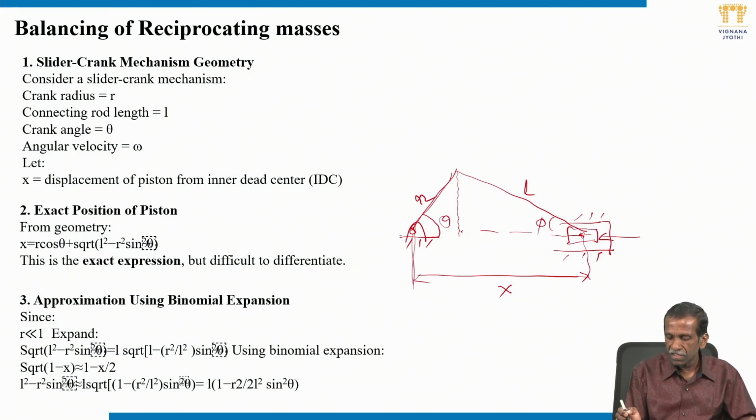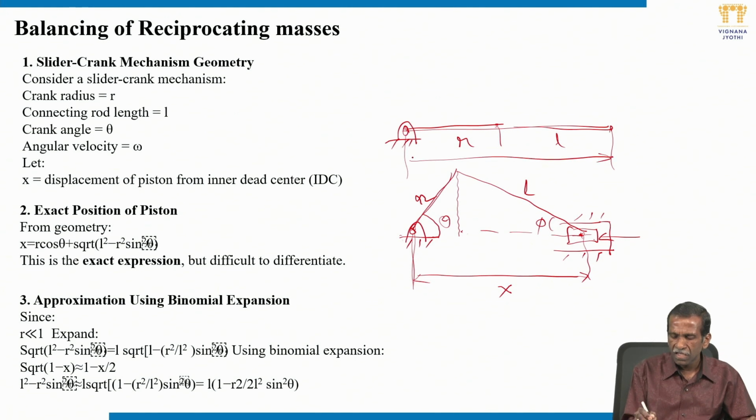When the piston is at top dead center, the crank as well as the connecting rod align with the center line of the piston. This is R, this is L. Then R plus L is the position of the piston from the crankshaft frame. Let us call this R plus L some x dash position.